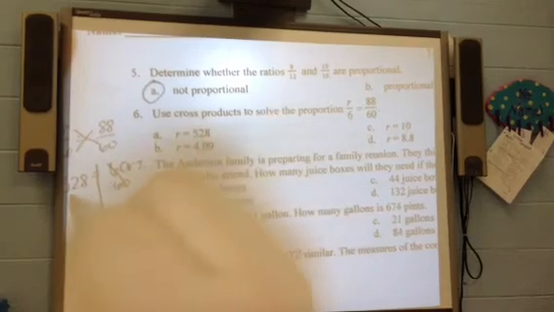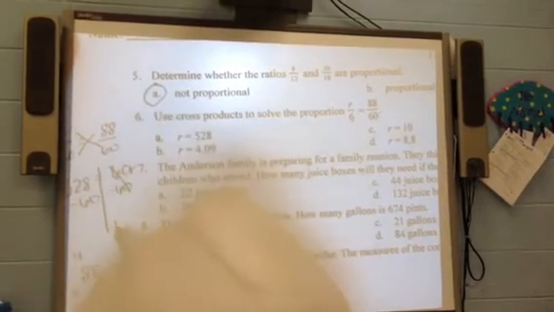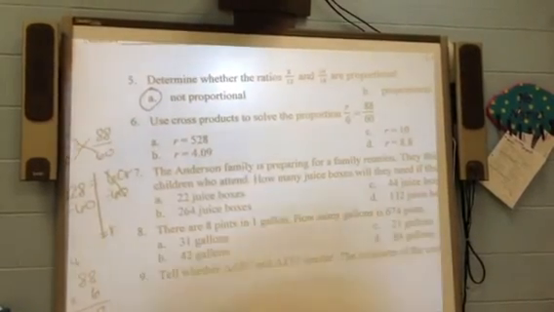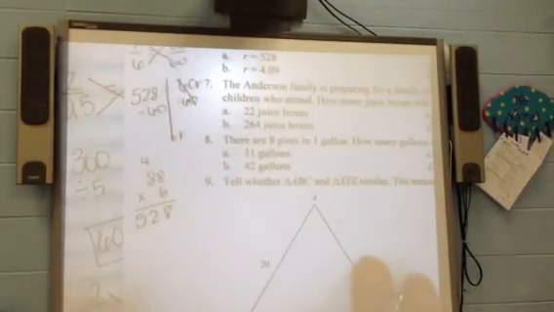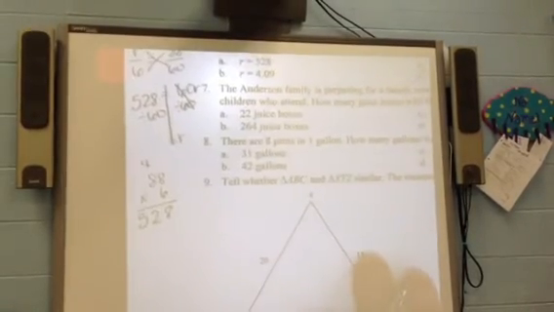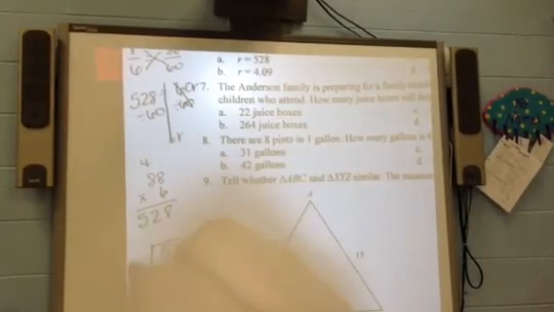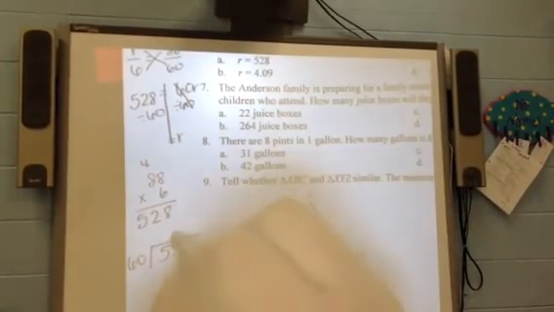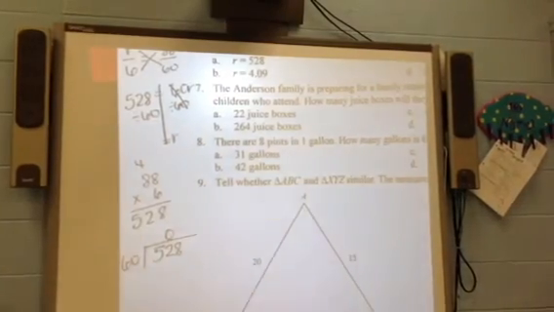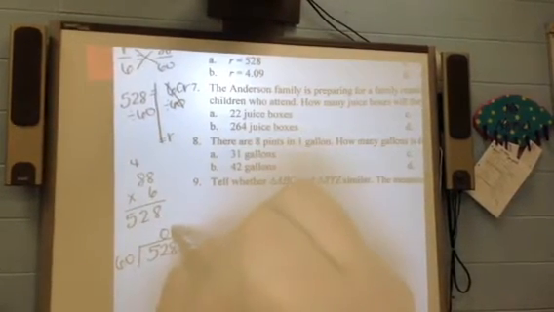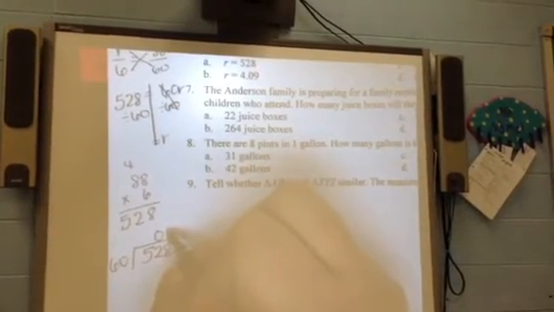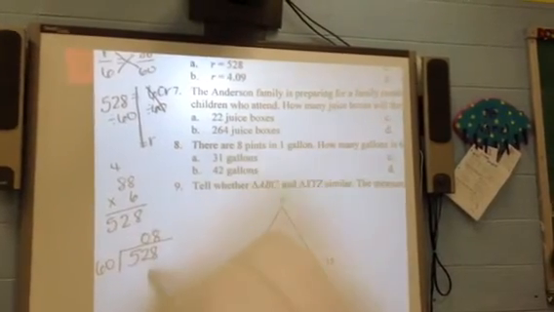Cancels on that side. Oops, sorry. So 528 divided by 60. 8.